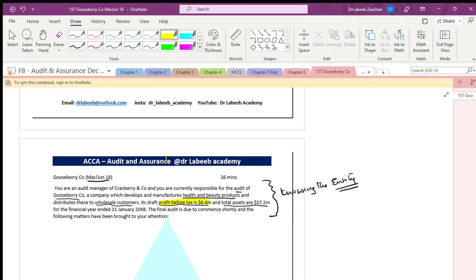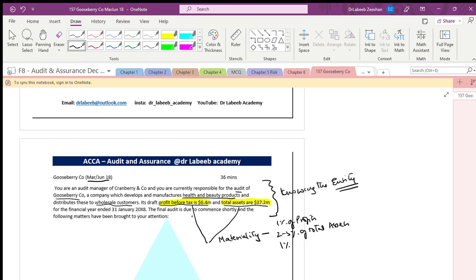When they say it is a profit before tax and this is total assets, if this type of information is given in the question, it means it is taking into consideration materiality. Materiality says how much is 1% of profits. It is 2 to 5% of total assets.